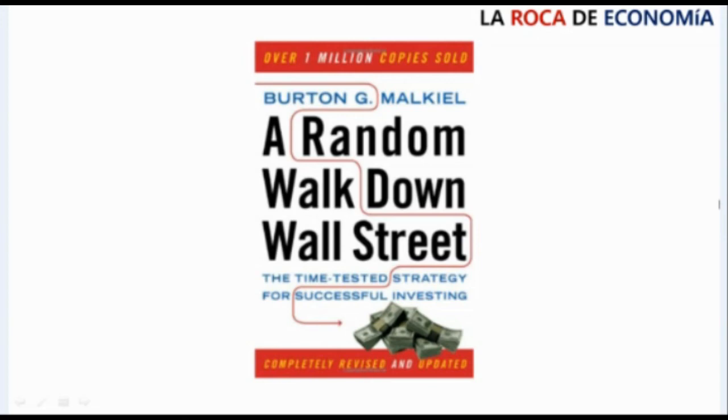Robert Shiller, in his best-selling book, Irrational Exuberance, argues that the mania in Internet and high-tech stocks during the late 1990s can be explained only in terms of mob psychology.